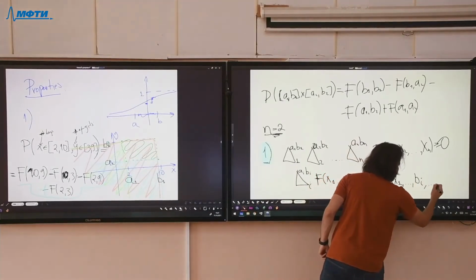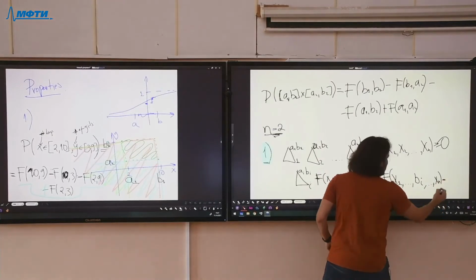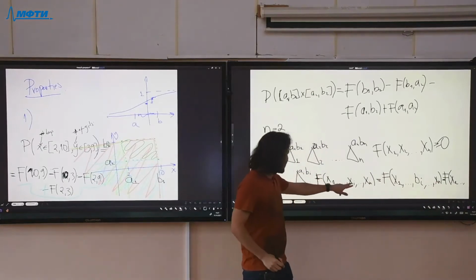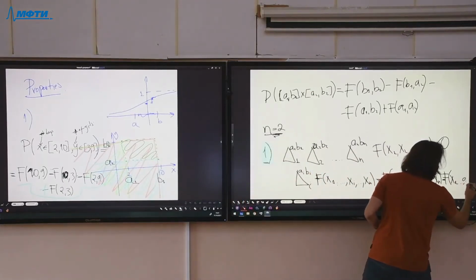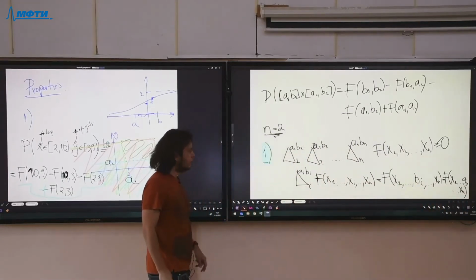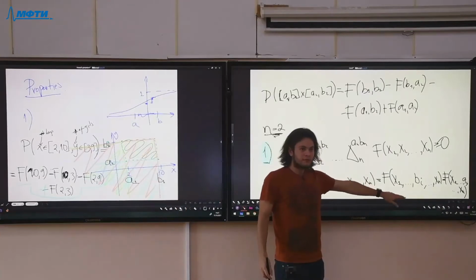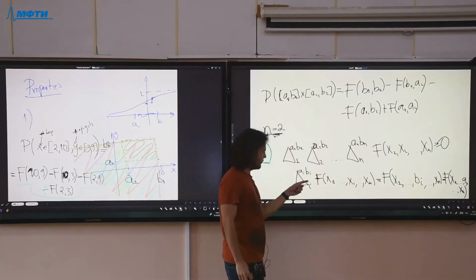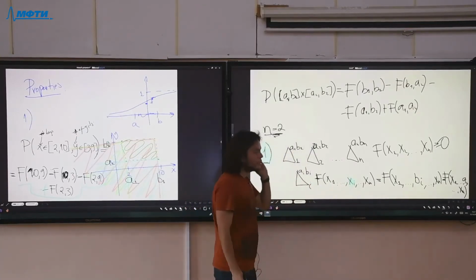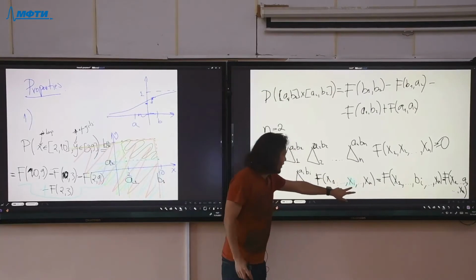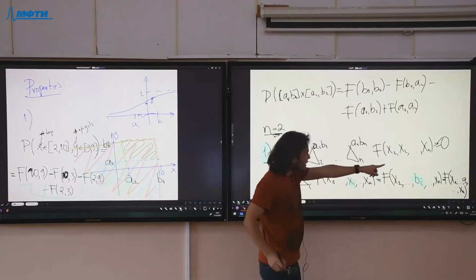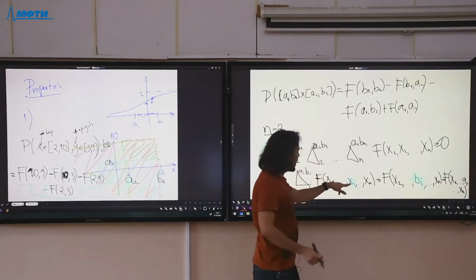minus f of x1, and we change this xi by ai. So we have ai, xn. This triangle means this. So look, where's the difference? Here we have xi. Now instead of writing xi, let's write bi, minus, instead of writing xi, we write ai.